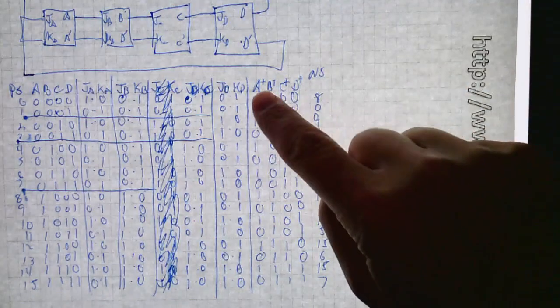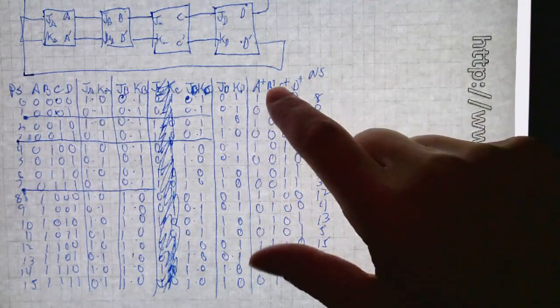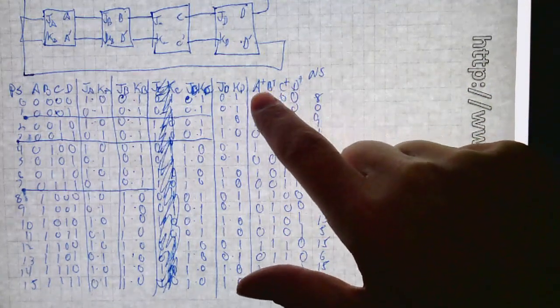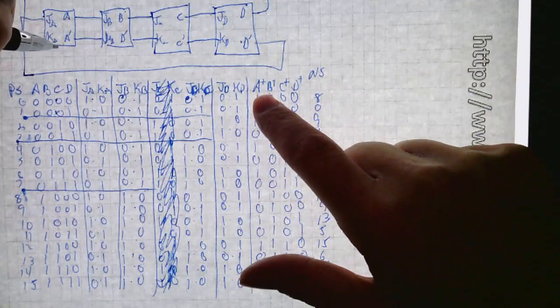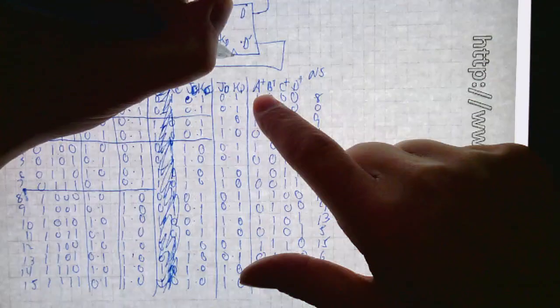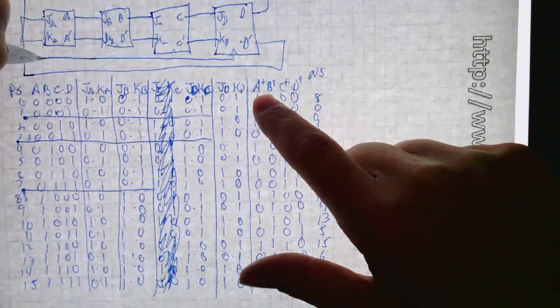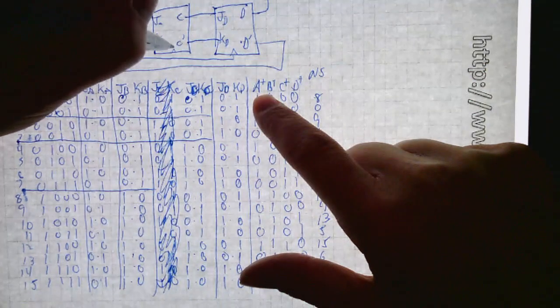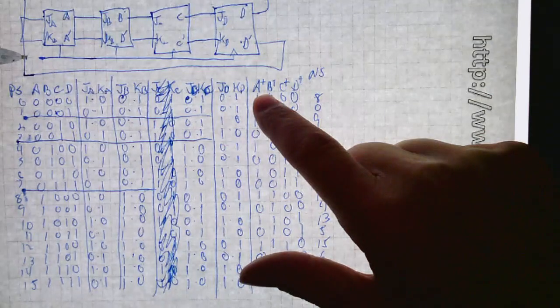Okay, so this is your next state. A plus tells you what the next state of the flip-flop will be after the clock, which I didn't draw in, gives you an edge to trigger the flip-flop to listen to its input.